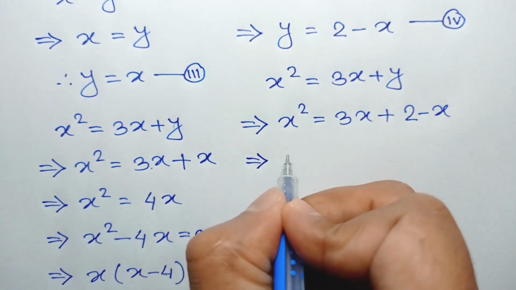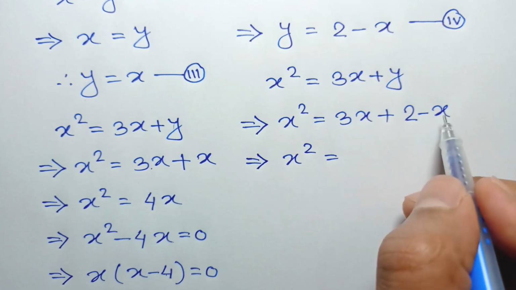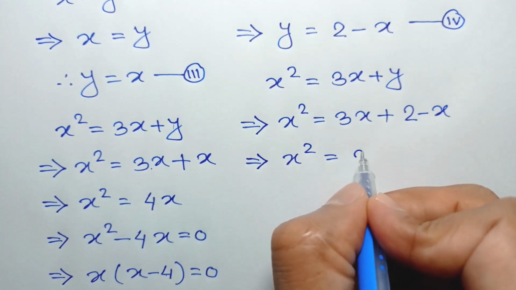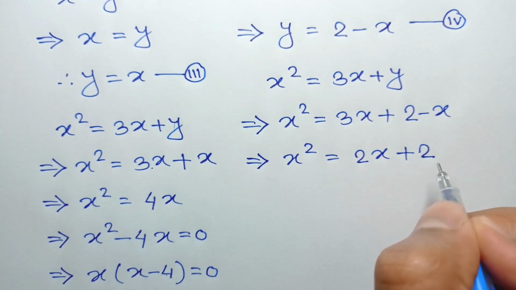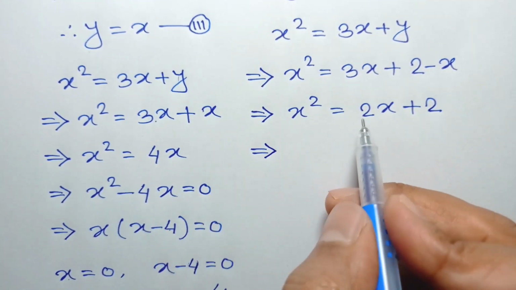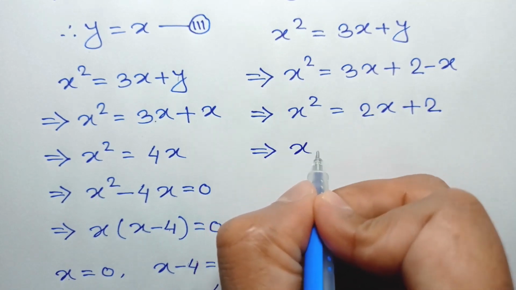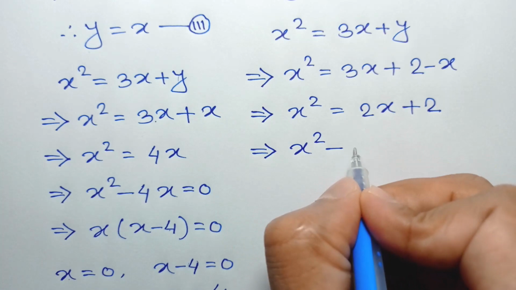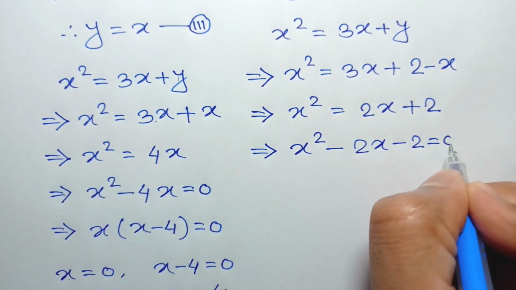or x square is equal to 3x minus x is twice x plus 2, or taking this right side to left, we will have x square minus twice x minus 2 is equal to 0.